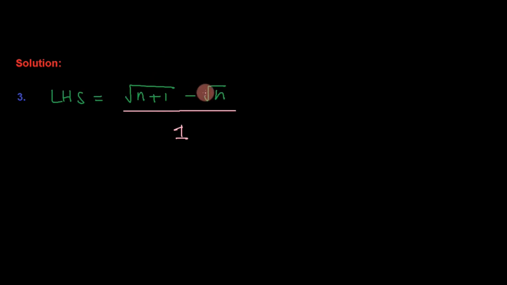And we're going to rationalize the numerator now. So we're going to multiply both the numerator and the denominator by something that will give a difference of squares when we multiply out the numerators. So by the square root of n plus 1 plus the square root of n.